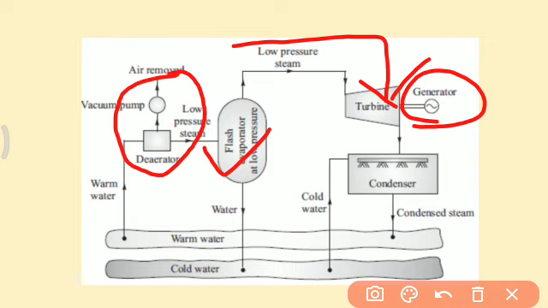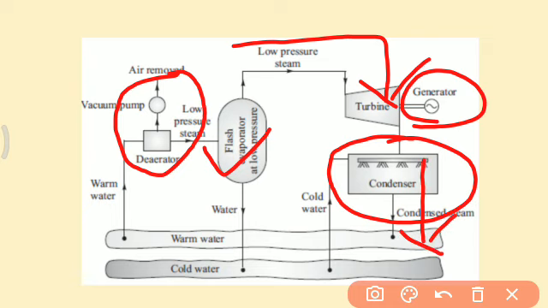In this condenser, the steam coming from the turbine and the cold water coming from the bottom of the ocean get mixed up, and the steam is converted into water again and flushed into the ocean. So in the open cycle system, the cold water gets mixed directly into the steam.